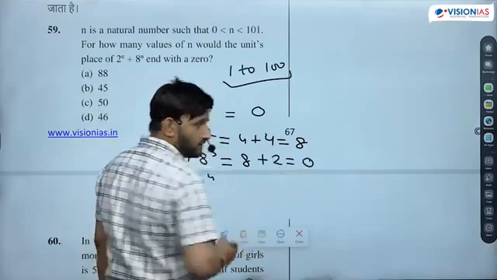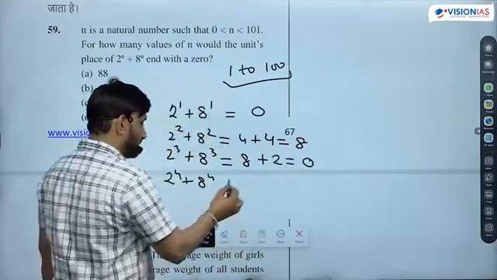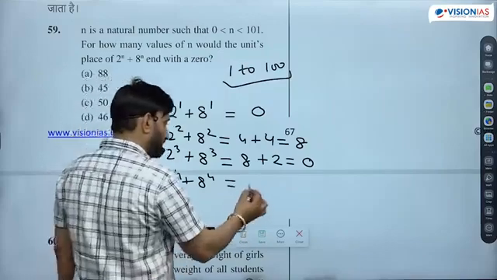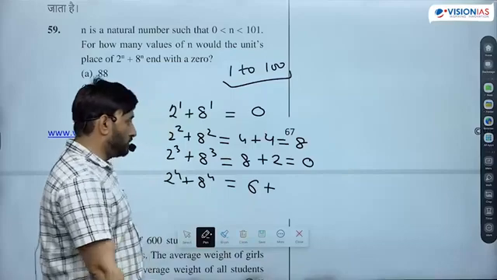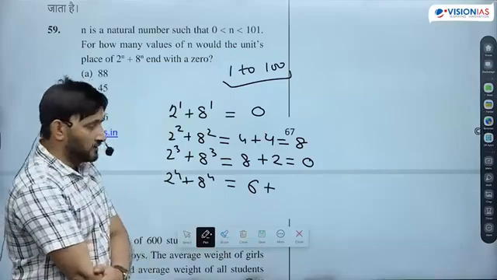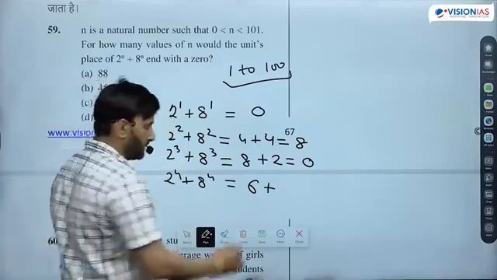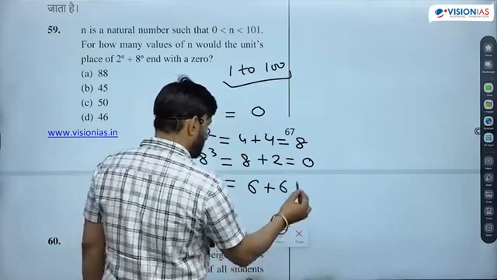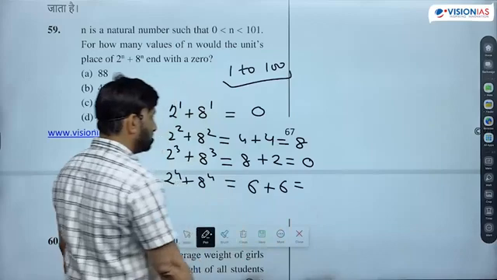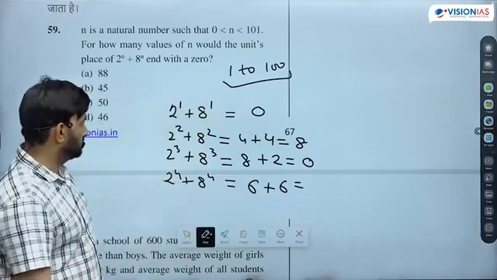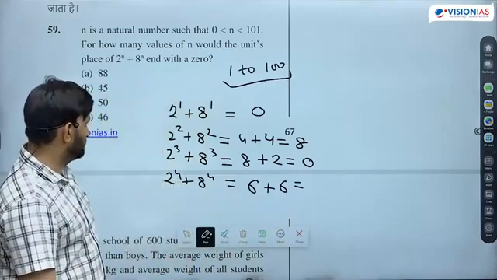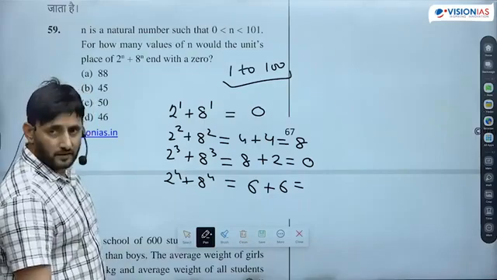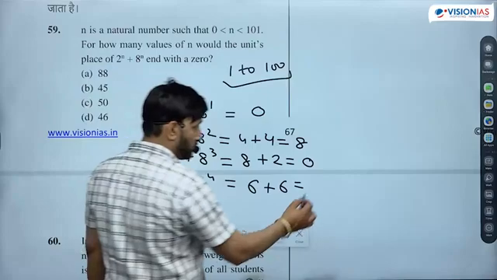So that is again 0. Next, 2 to the power 4 is 16, you are getting 6 here. And 8 to the power 4 is also 6. Here it is coming out to be 2.